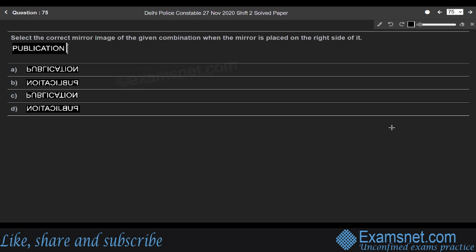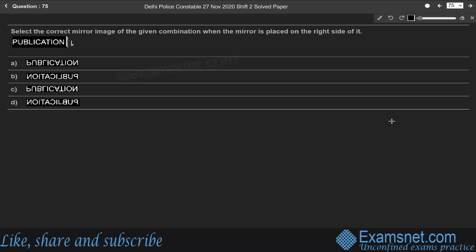So here, the image of N will be like this, whereas O will be as it is, I will be as it is, T also will be as it is, and A also will be as it is, whereas C can be seen as, so image of C, I will be as it is, L, so image of the L, word L. So here B is like this, and U will be as it is, whereas P, image of the P will be like this.